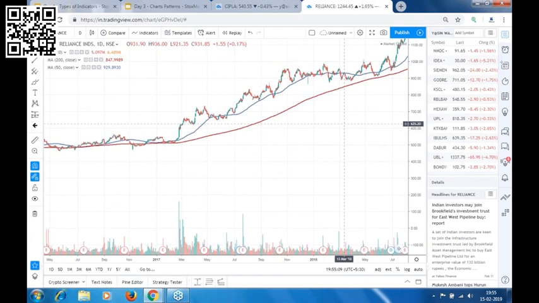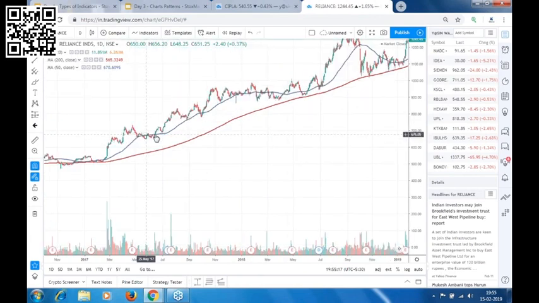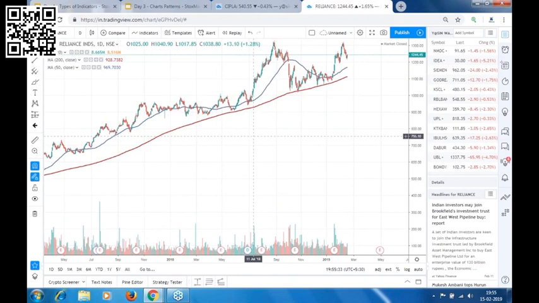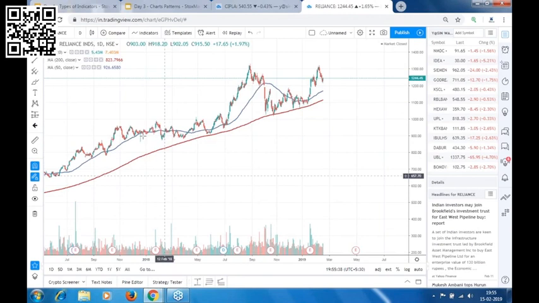So 50 period moving average and 200 period moving average are the most widely used because they act as a good support and resistance. They show us the good support and resistance areas, and we can identify the trend. Now see, every time the stock is taking support on 50 period moving average, and here it took a support on 200 period moving average, and when it crossed the 50 period moving average, we can see a rally in the stock.